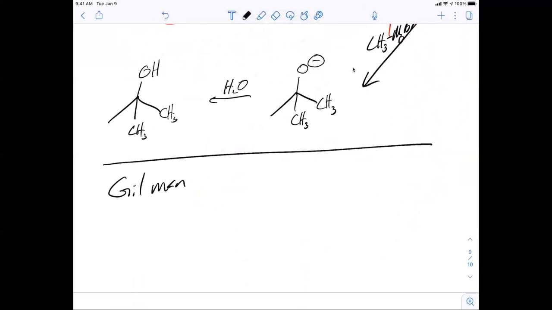Gilman reagents. A Gilman reagent is made by taking a lithium salt, reacting that with a copper to make a cuprate.